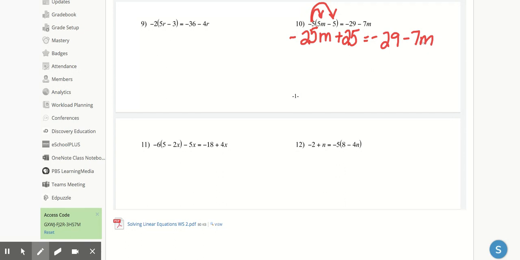So now I don't have any like terms on either side of the equation, so I need to start moving items to the other side. Like I had said yesterday, I like to keep my variable term positive if I can. So I'm going to add 25m to both sides of the equation.